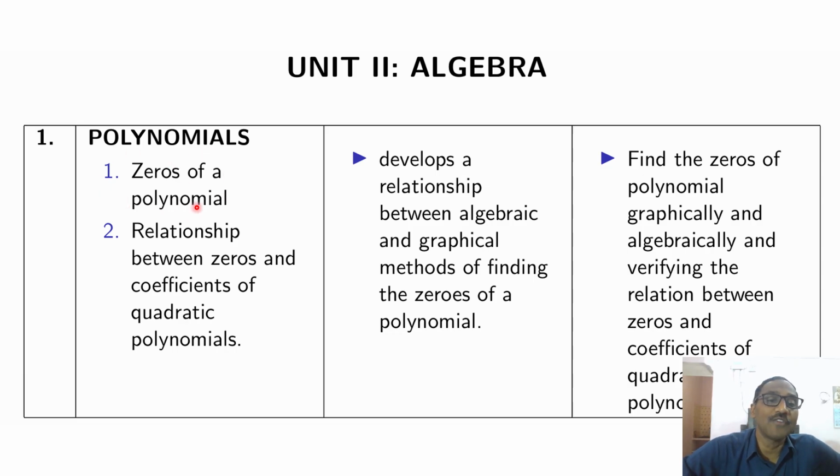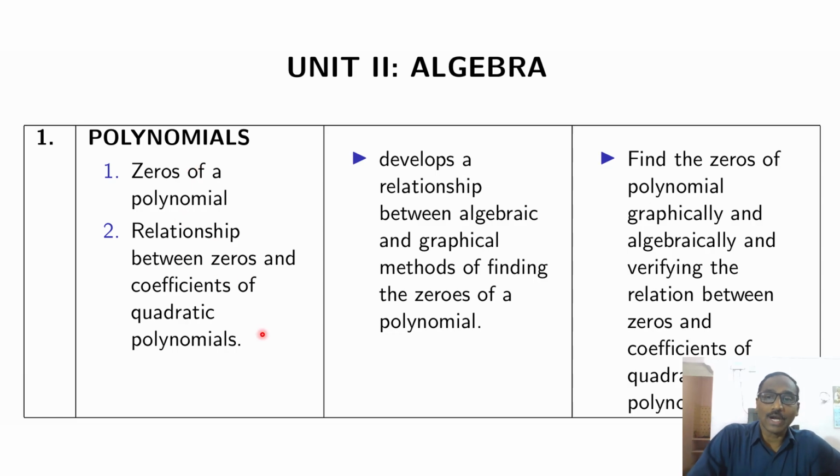So first we are having zeros of polynomial. Zeros of polynomial means roots of polynomial, that is, solutions of equation we have to find. So zeros of polynomial means roots of equation, roots of quadratic equation.